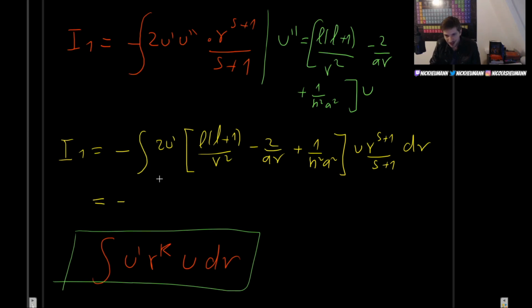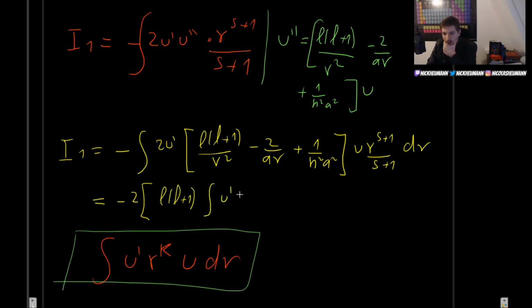So this will give us minus, maybe let's pull out the 2 in front as well, then integral of, maybe I'm going to separate this. So the first integral will have L plus 1, which I can actually pull out of this, L plus 1, and then we get integral of what?